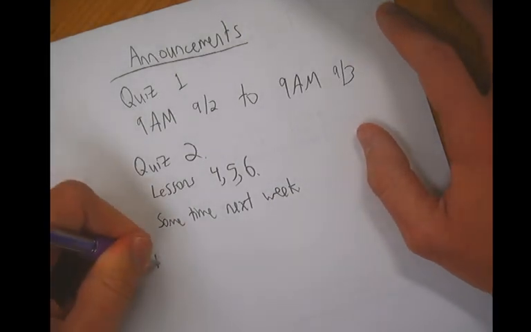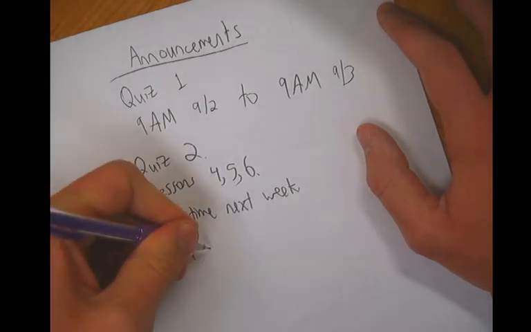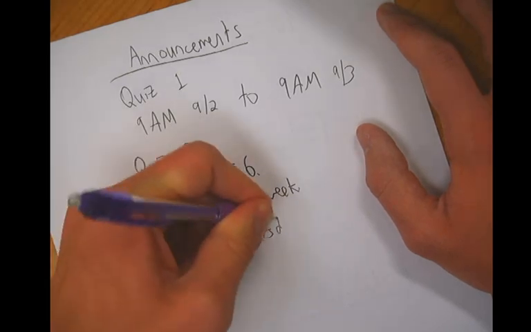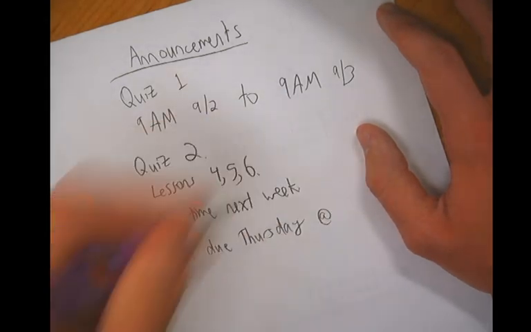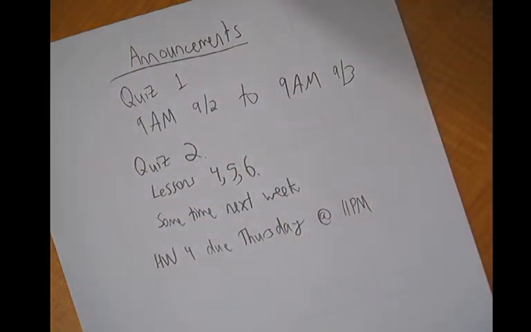And because Kaltura was still having issues Monday and Tuesday, homework 4 got pushed to Thursday at 11 p.m. Just so you guys are aware of that. Any questions on any of that before we start the lesson?